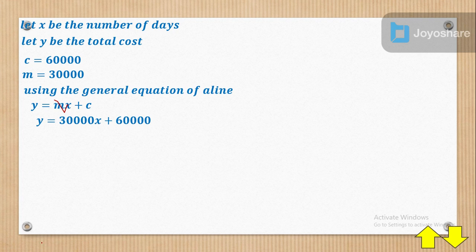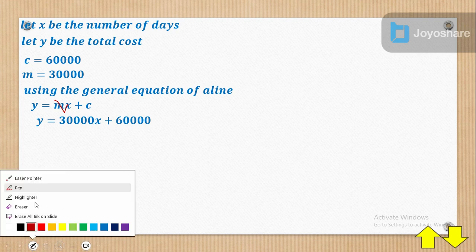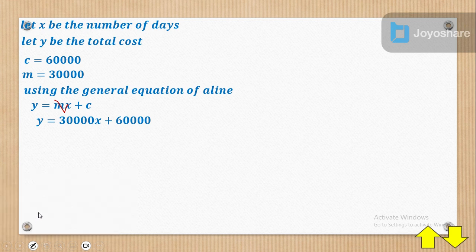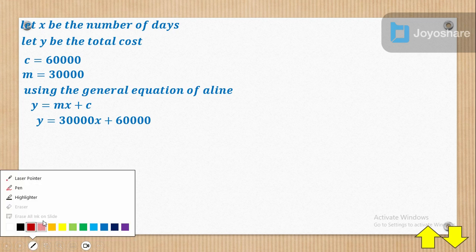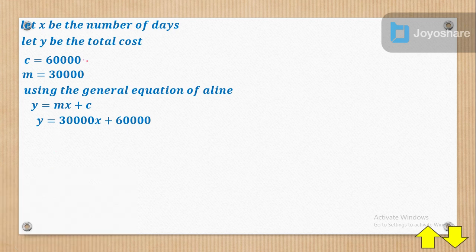So we realize that our c is here, we have put it there.